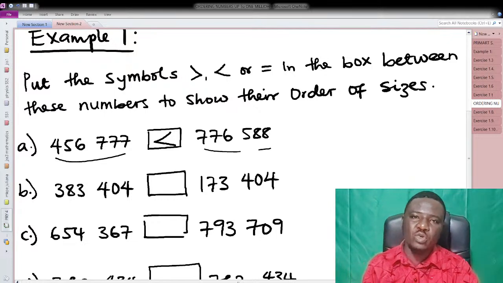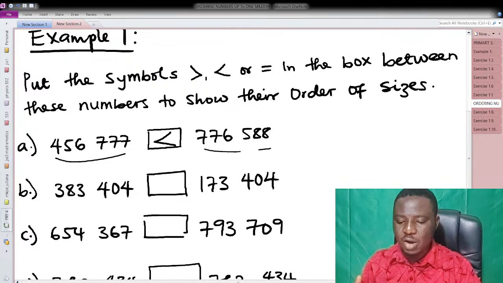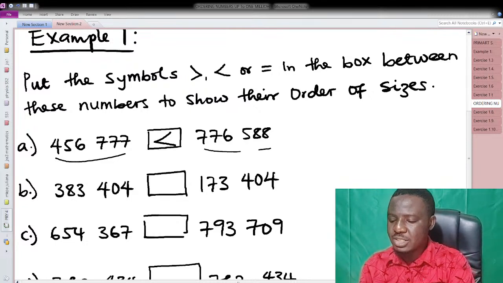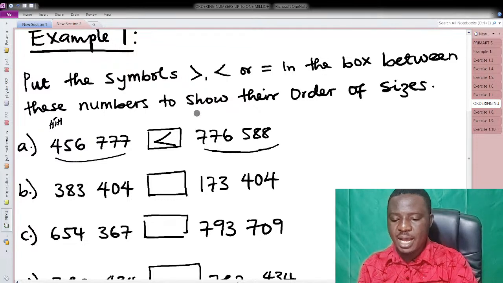Now, how can I also get to know which is greater than or less than? The highest place value of this number is hundreds of thousands, while the highest place value for the second number is also hundreds of thousands.